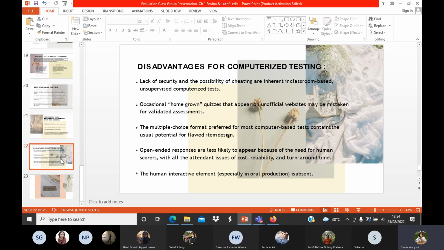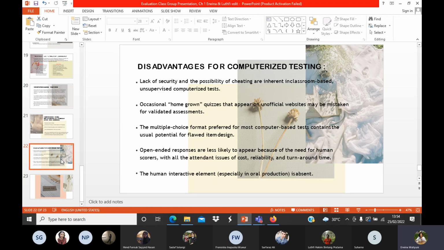But they also have disadvantages. Of course, there is a possibility that the test taker can cheat, because it's not face-to-face supervised.